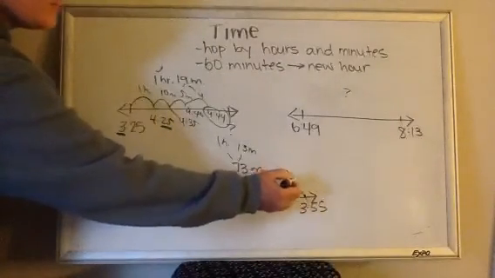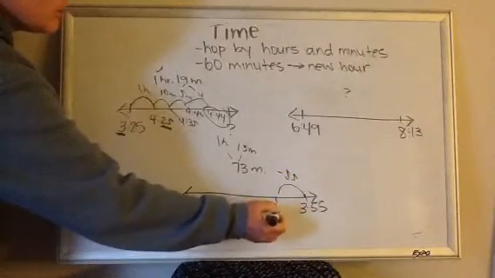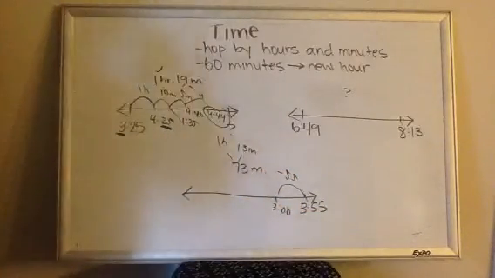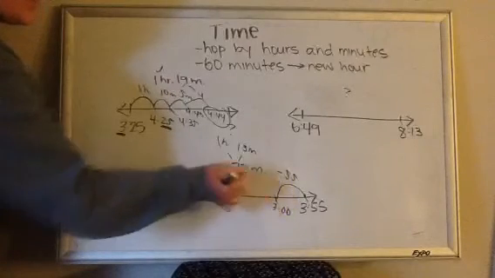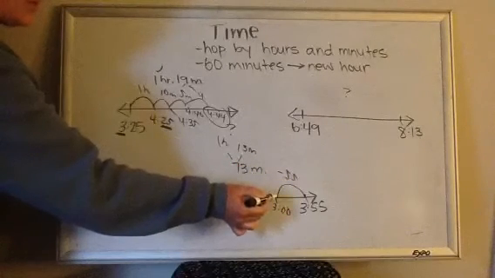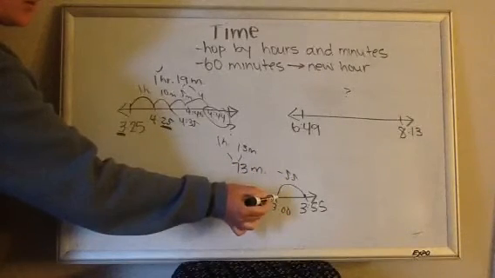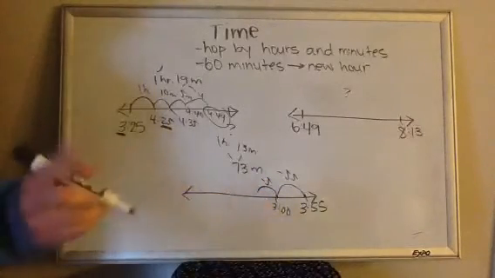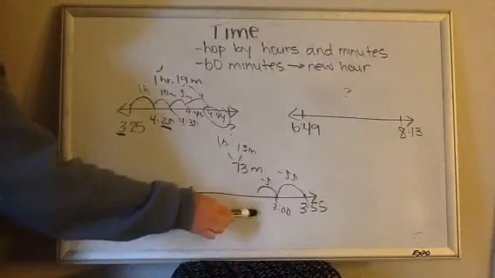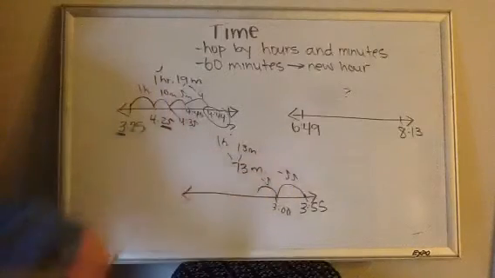If I do minus 55, that gets me to 3 o'clock. Okay? Now I still need to get to 73, so let me do another 5. So that gets me, now this is where it's tricky. I'm going backwards. So now I need to be in the 2 o'clock time.